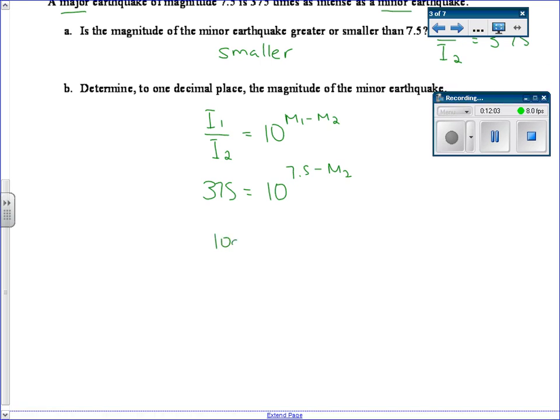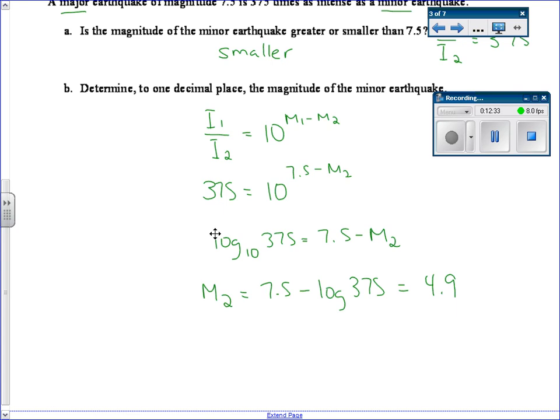So we have log base 10 of 375 is equal to 7.5 minus M2. So just figure out what log 375 is, or you can do some rearranging here. We're going to have M2 is equal to 7.5 minus log 375, and that equals 4.9. So that is the magnitude of earthquake 2 on the Richter scale.